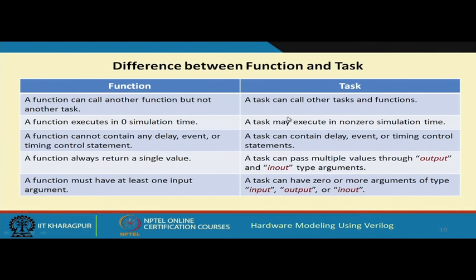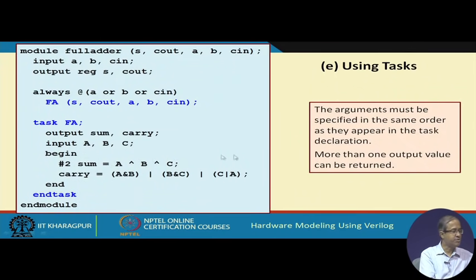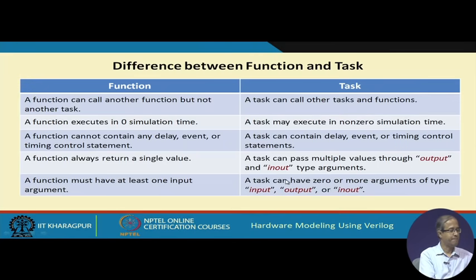You can include delay like the example showed, or some event triggering or timing control statements as well. A function returns a single value, and a task may return more than one value through output arguments, like in the example I showed earlier, where there were 2 output arguments, sum and carry.